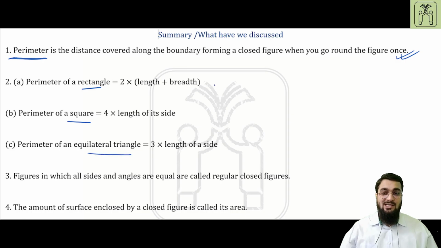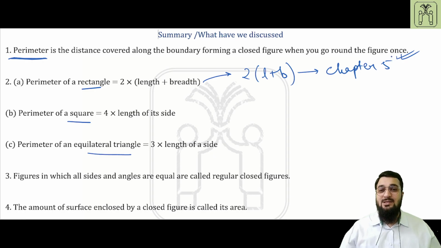Besides these three, we have discussed many others, like the parallelogram, which is a sheared rectangle, whose perimeter is also 2 into (L plus B), but the properties of a parallelogram are different from those of a rectangle, and those are mentioned in chapter 5, Understanding Elementary Shapes.